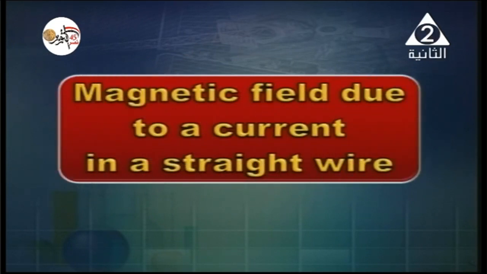And now talking about the magnetic field due to a current in a straight wire. We've got a straight wire that carries an electric current, and we'll talk about the magnetic field produced due to the flow of the current.